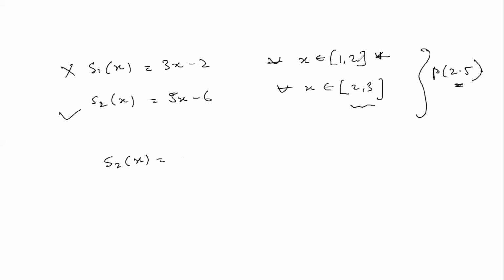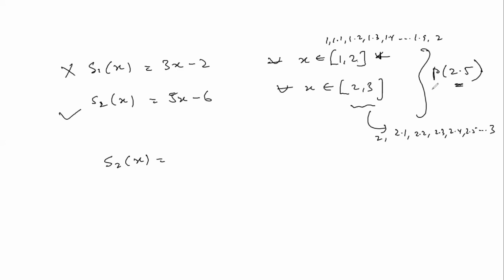2.5 is greater than 2, right? So we cannot find the point 2.5 between 1 and 2 because this is, let's say, 1, 1.1, 1.2, 1.3, 1.4, all the way to 1.9, and then 2. But in this case, we can move from 2, 2.1, 2.2, 2.3, 2.4, 2.5, all the way to 3, right?